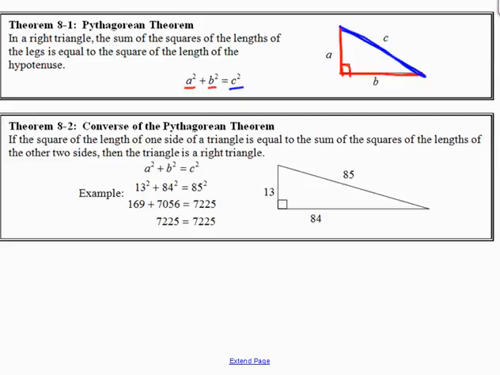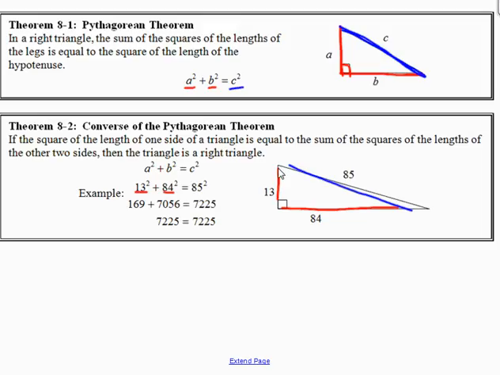If I go back over here, the converse of the Pythagorean theorem is if you have three sides that satisfy the Pythagorean theorem, then this is a right triangle. So what they're saying here is if I took 13 and 84, squared them, simplified, I would get 85 squared.